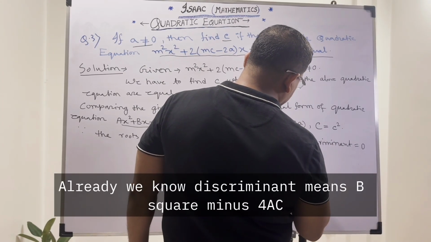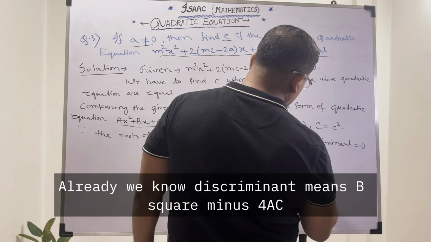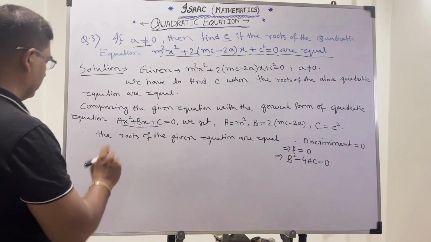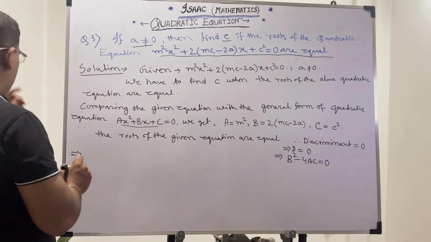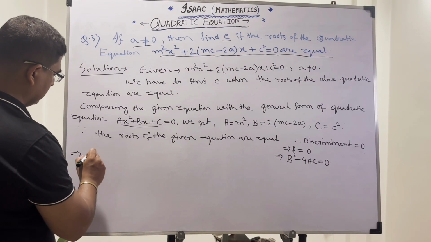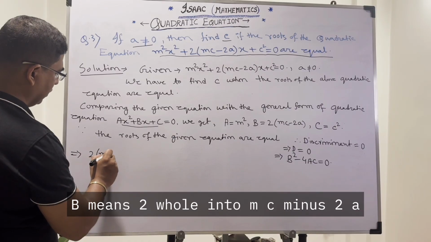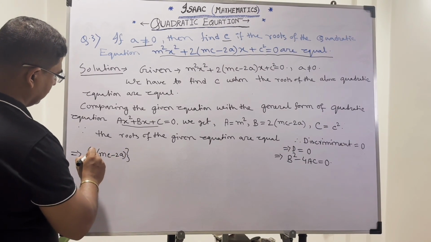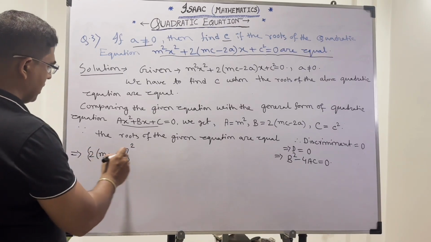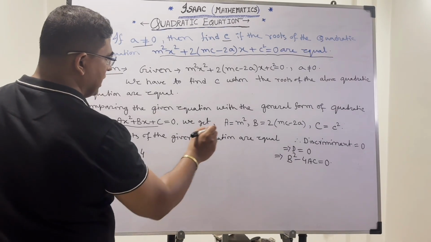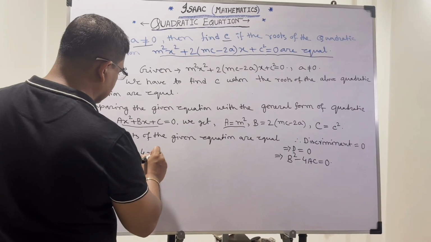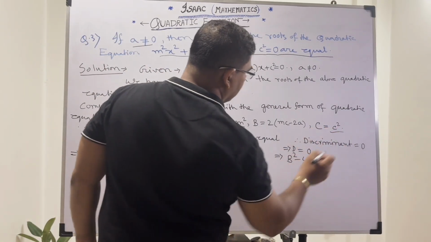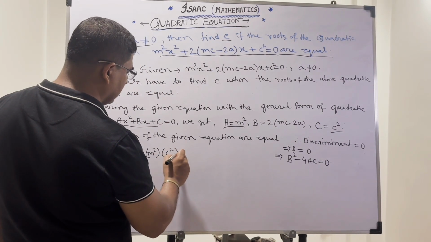Already we know discriminant means b square minus 4ac. So b square minus 4ac equals to 0. So this implies b means 2 into (mc minus 2a), so this is b square, minus 4 into a, a means m square, into c, capital C means small c square, equals to 0.